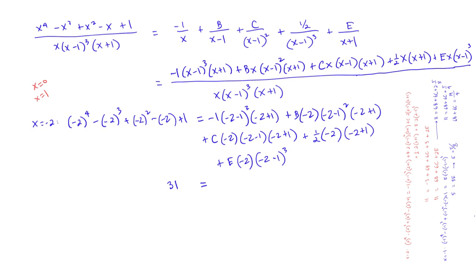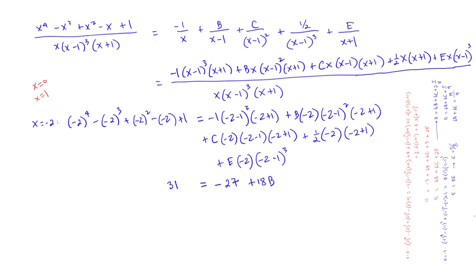Negative 3 to the third is minus 27. The next term, negative 2 plus 1 is a negative. Negative times negative 2 is positive 2. 2b. 2b times minus 2 minus 1 is minus 3. Minus 3 squared is positive 9. 2 times 9, 18. 18b.